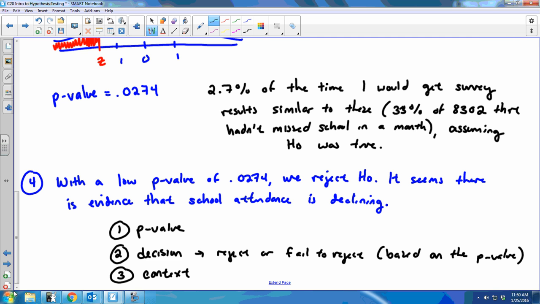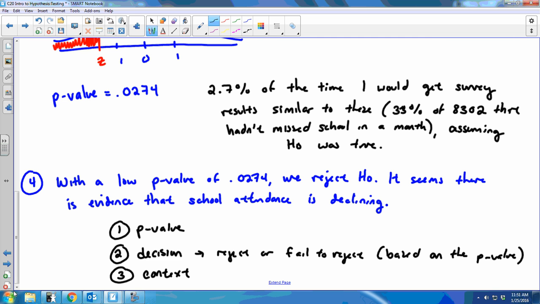We already checked the conditions, right? So I could do a confidence interval and come up with some statement. I'm 95% confident that school attendance is actually between this percent and this percent. So we know how much the size of the effect is. Like how much is it declining? That's not required. It's going to be required on one of your homework questions tonight. Because you need to be thinking about those things still. Chapter 19 is not going away.